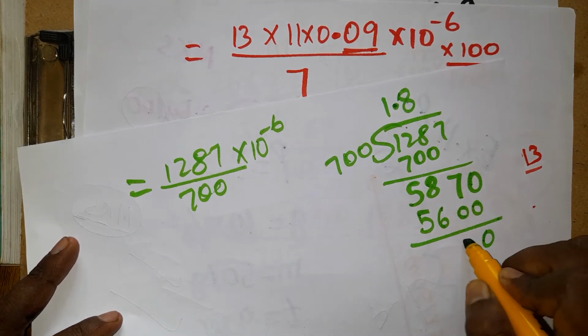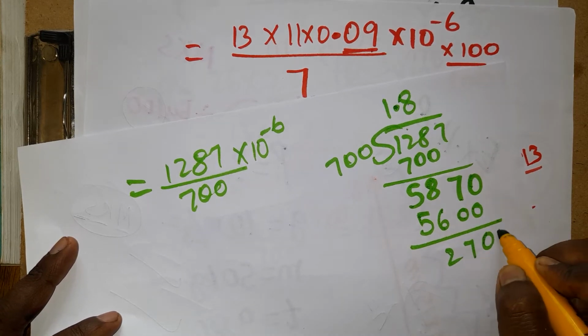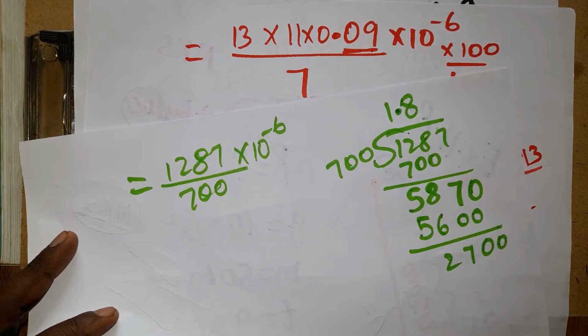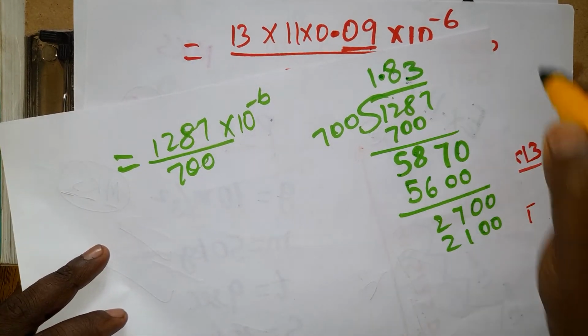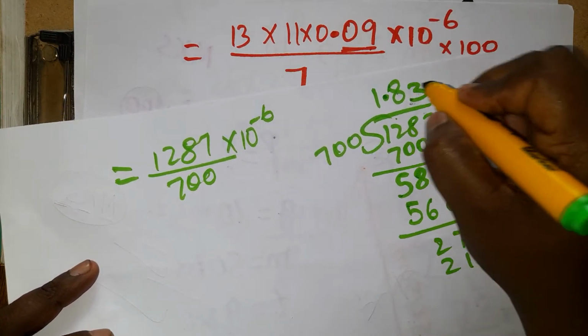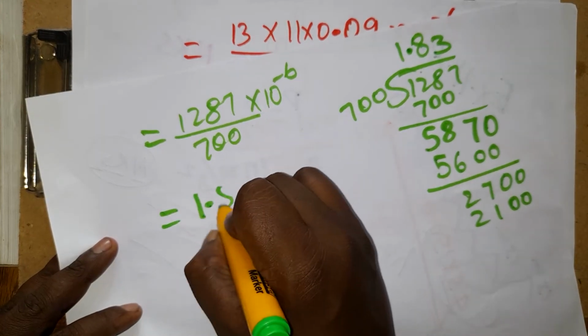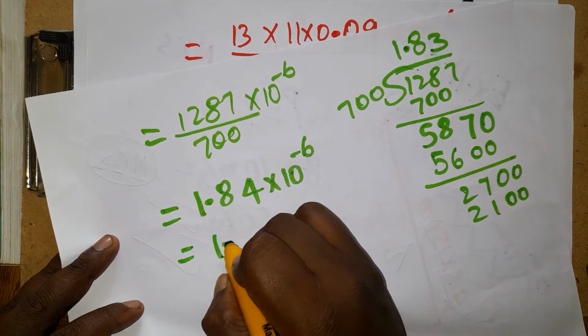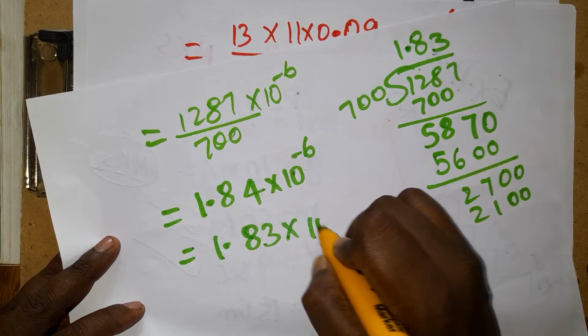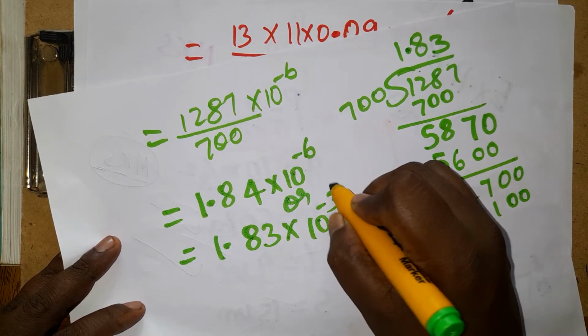The close value, 2100, means 3 times will come. Otherwise, for the next value, the round off will be 1.84 into 10 power minus 6. Otherwise, according to the calculation, you can write 1.83 into 10 power minus 6. Both are correct.